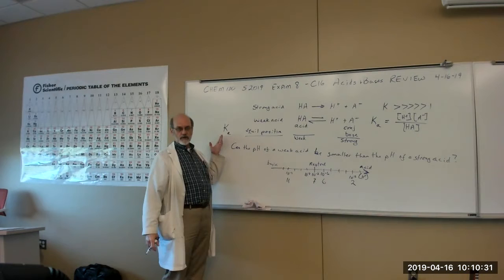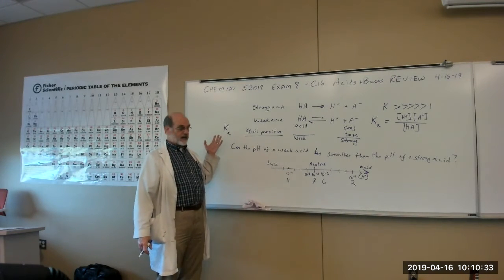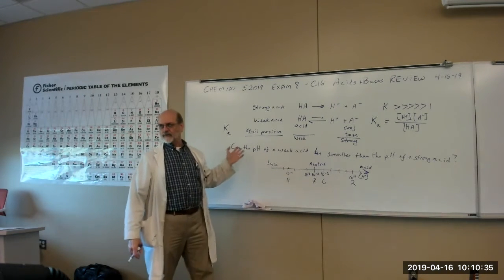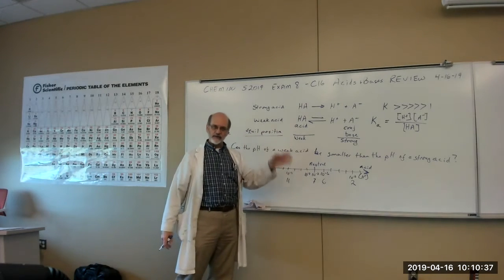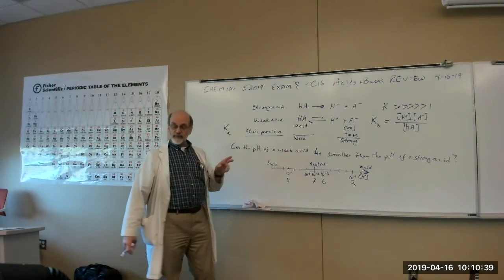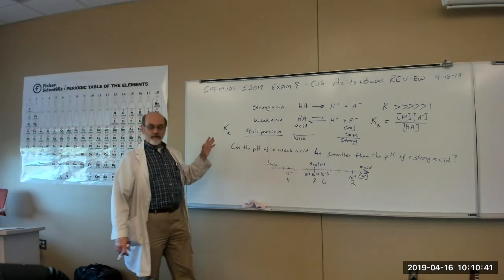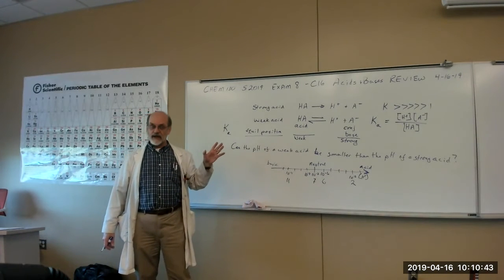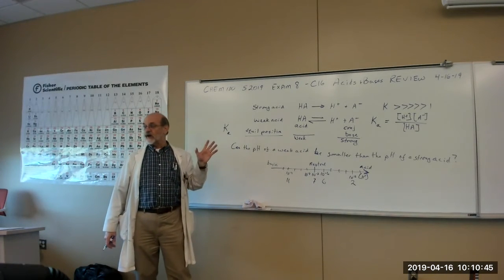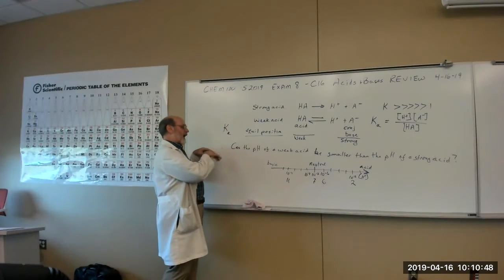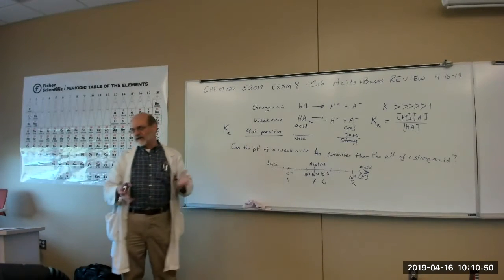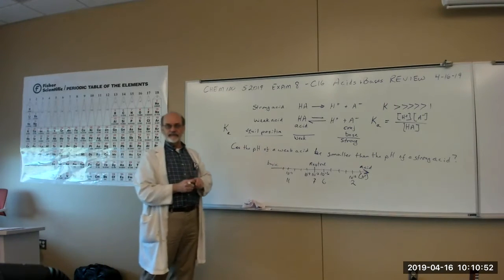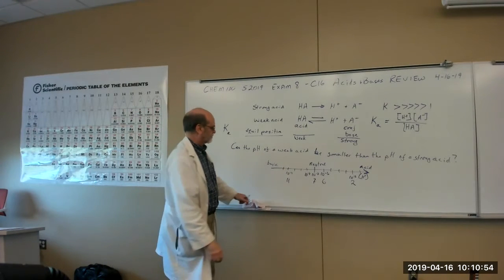So that value is going to be a certain number for the weak acid and non-existent for the strong acid because it's completely dissociated. But the equilibrium position can favor the weak acid in hydrogen ions simply based on its concentration and the effect of its K value. Okay? That's the point I wanted to make.